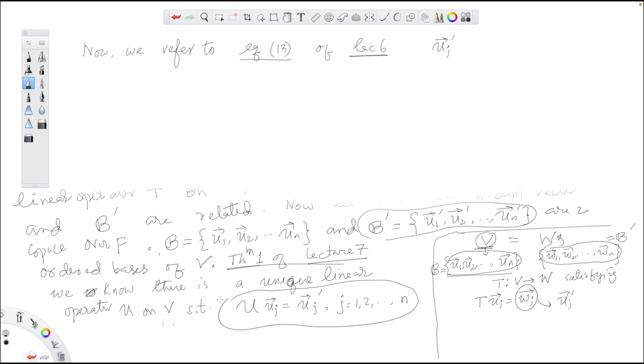So while deriving that, it's basically the derivation of theorem 3.